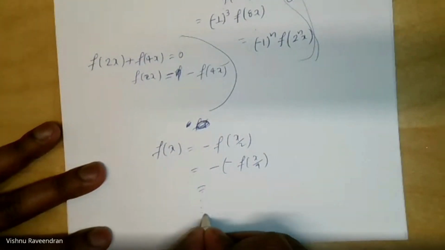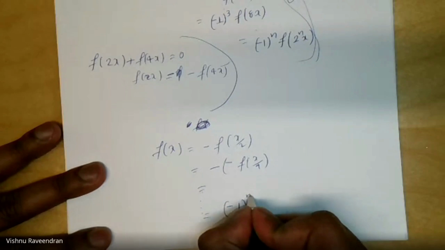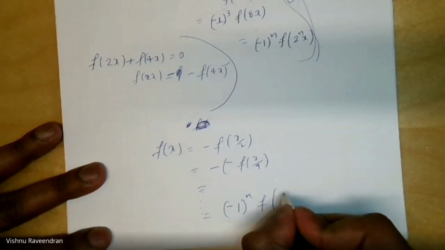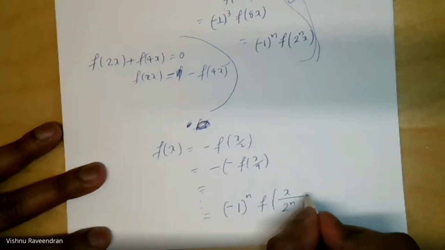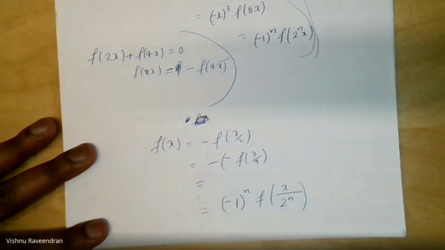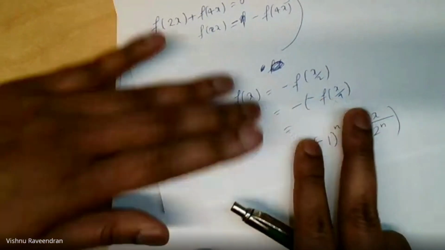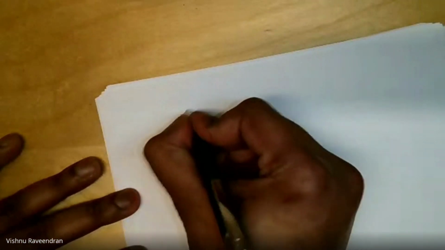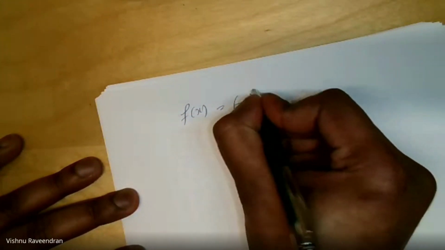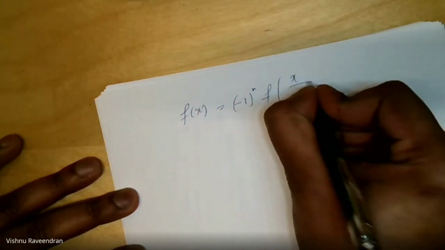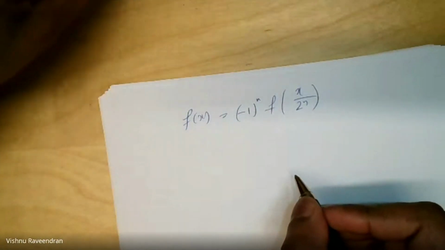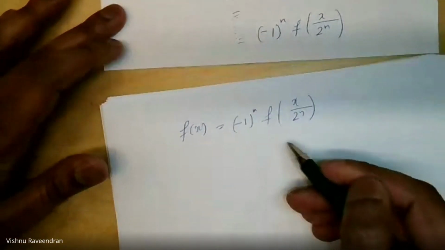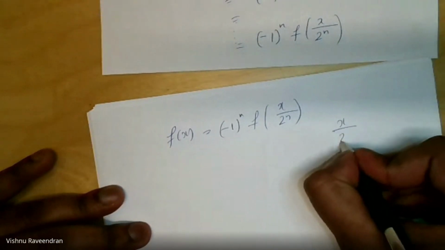I can do this iteratively, so it will be (-1)^n f of x by 2^n for any x. So what I got is f of x equal to (-1)^n f of x by 2^n, from here by iteration.